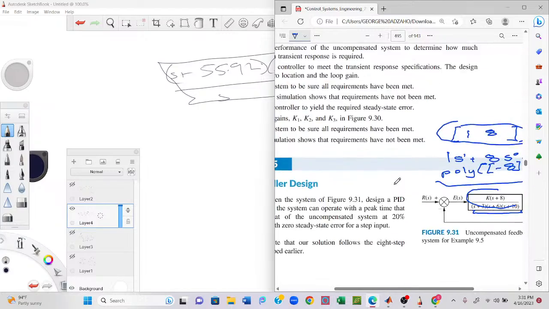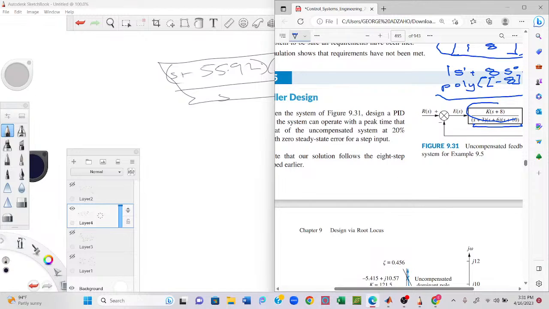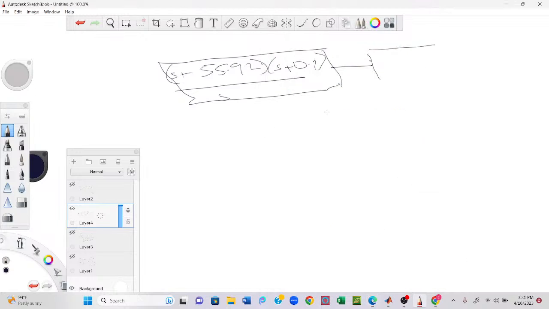Let's see gain. Yes. S plus 8, S plus 3, S plus 6, S plus 10.